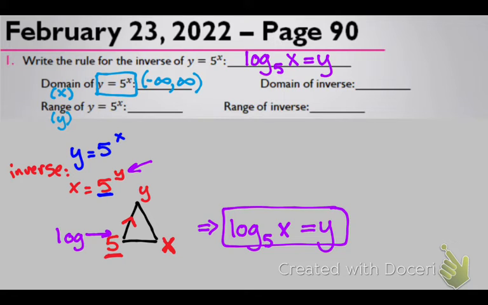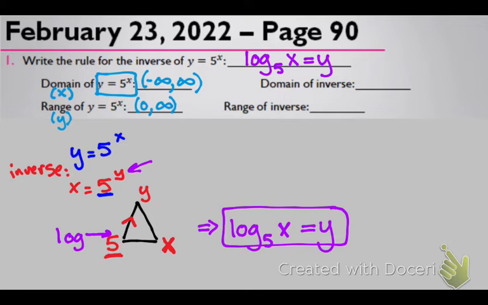No. Because even if I put a negative in for x, when I have a negative exponent, it becomes a fraction. So it'd still be positive. So if I know that I'll get positive numbers but never negative numbers, what is my range? 0 to infinity. It means I have all the numbers above 0, all the positive numbers, but no numbers below 0, no negative numbers.